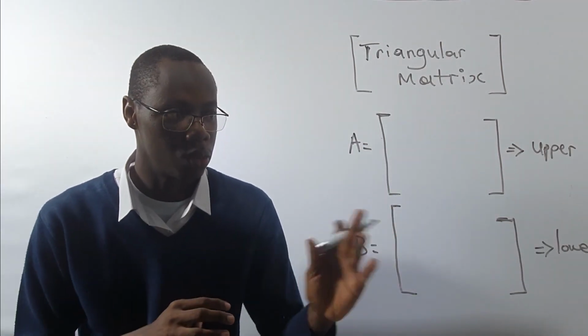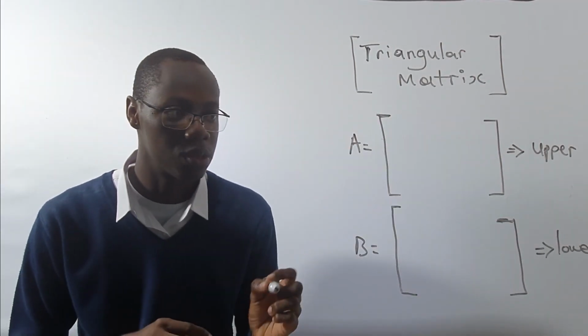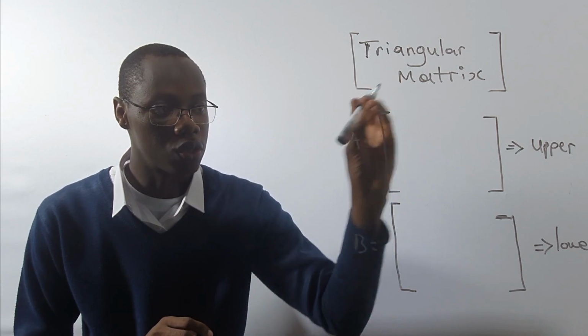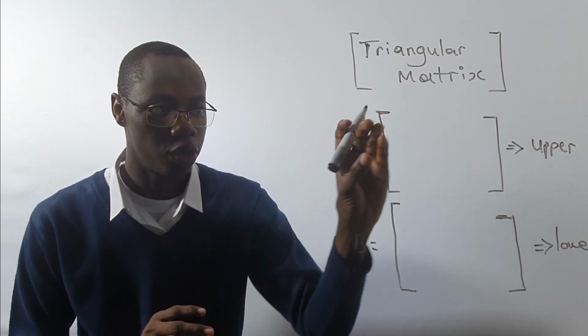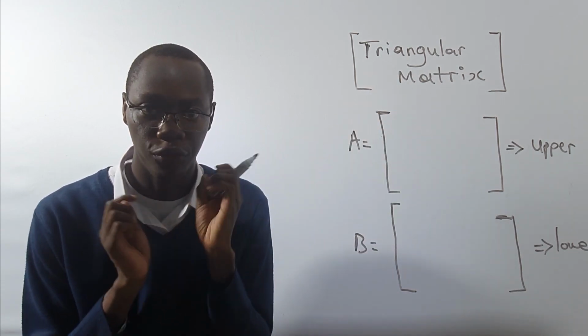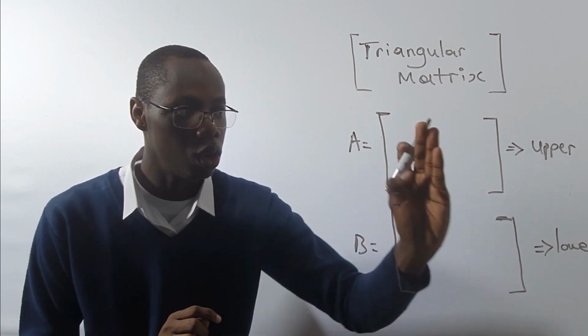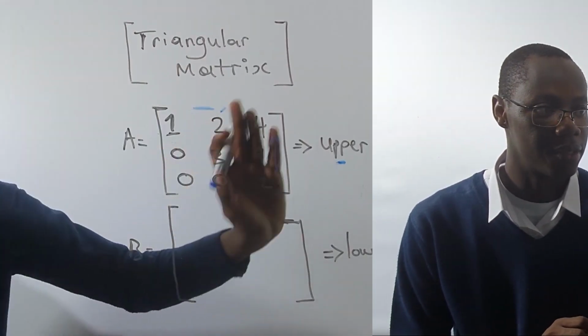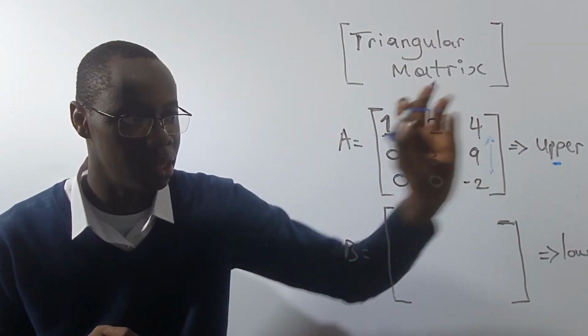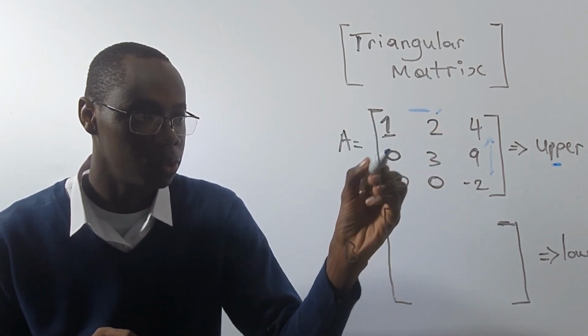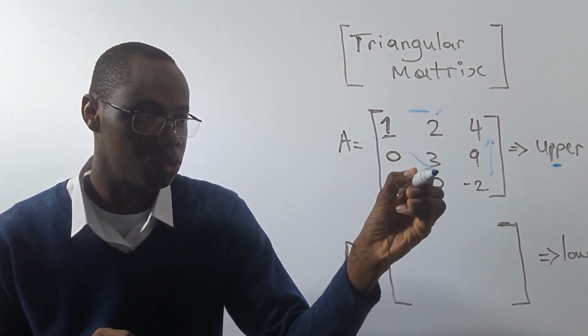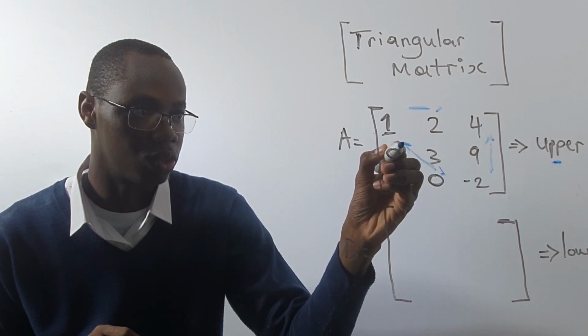So like I said, we have 2 types of triangular matrix, very easy. In this matrix, the real numbers will form some type of triangle, upper or lower, like this. You can see real numbers there forming this kind of triangle here too. This is where the triangle stops. This is the base of the triangle.